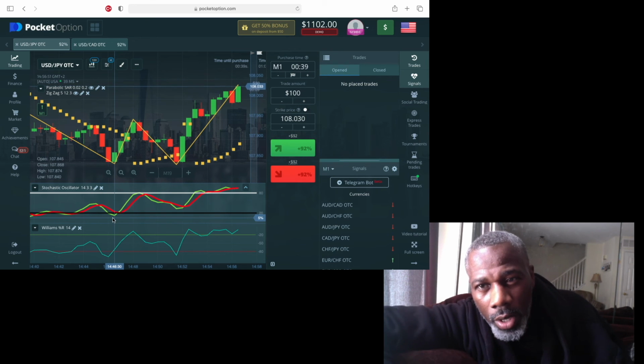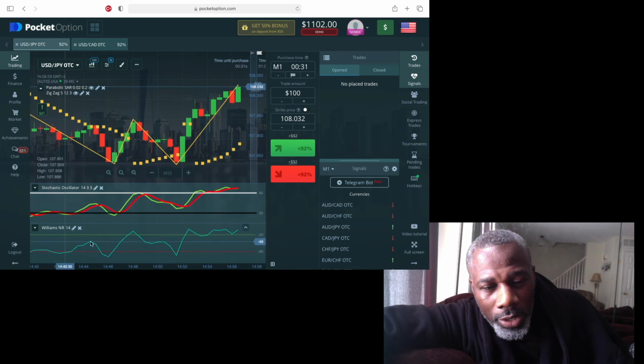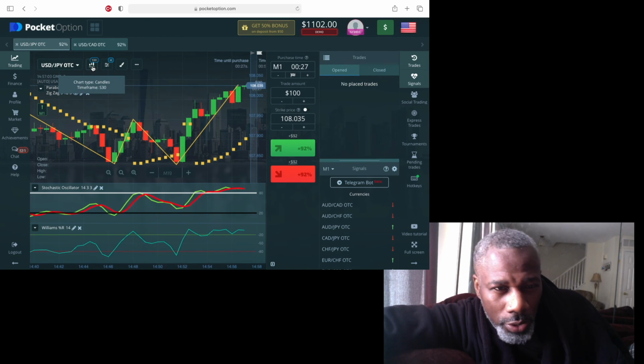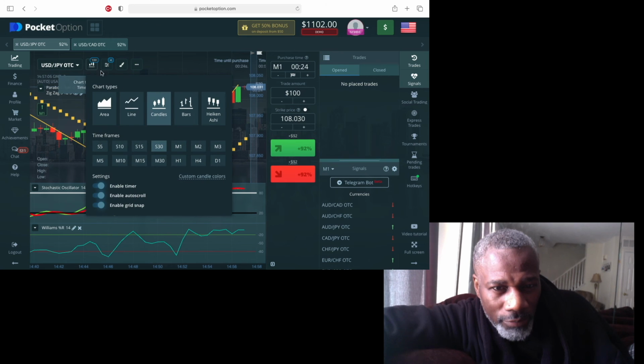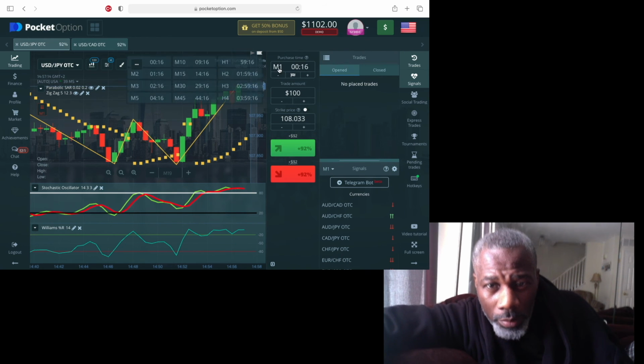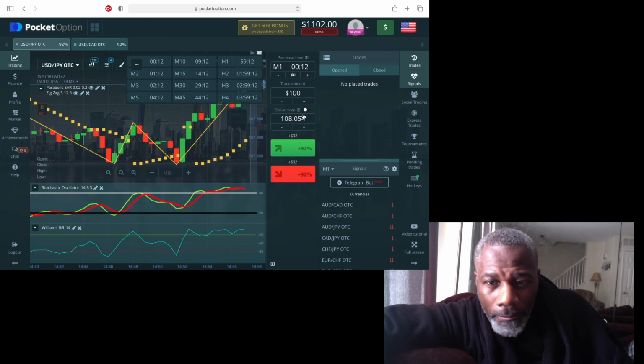That's why I go online and do research on what time frame the candles should be set on and how to set up the indicators according to the time frames. Right now the candlesticks are set at 30 seconds, and the purchase time for this particular trade is set at 1 minute. So I got it set for 1 minute, right?